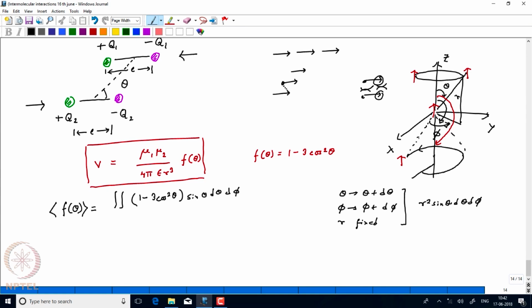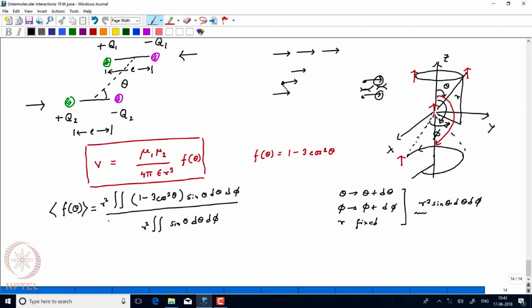But since now we are integrating over theta and phi only, the r square term doesn't come. Usually textbooks do not write this r square term, but the meaning is that this r square is omitted in the numerator and the denominator, and the denominator will have basically the integration over sin theta d theta d phi.